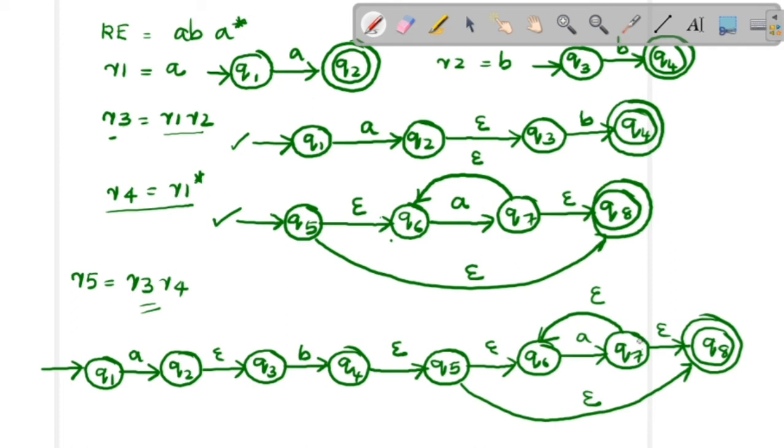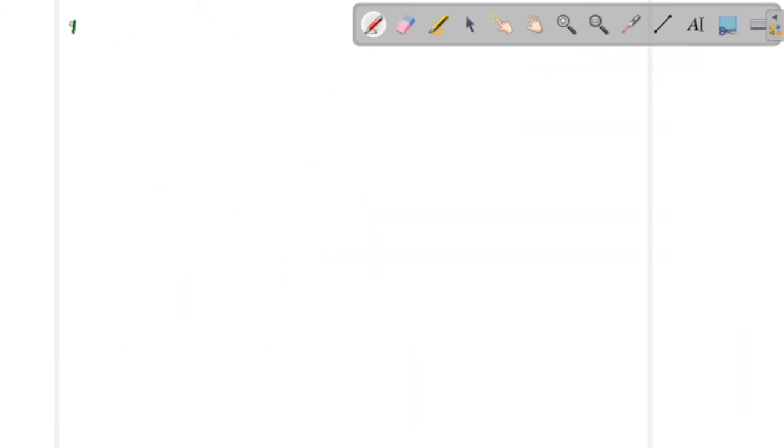Okay, then another example, regular expression is equal to (A plus B)(AB) whole star.